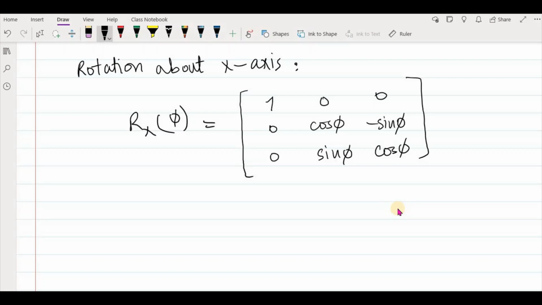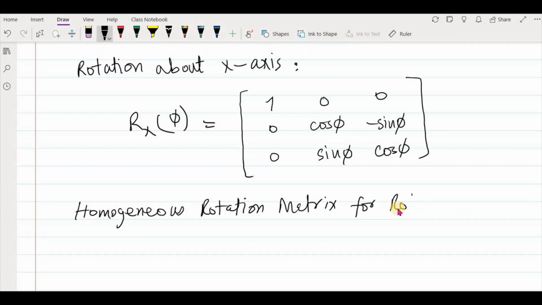And if we now want to write this homogeneous rotation matrix, how can we write it? About x-axis in 3 dimensions.